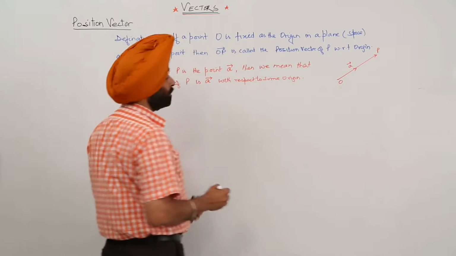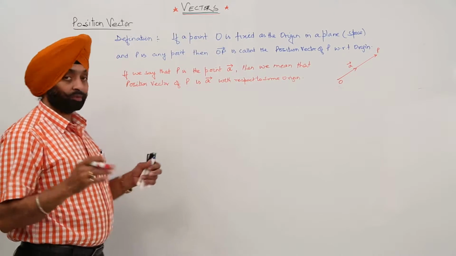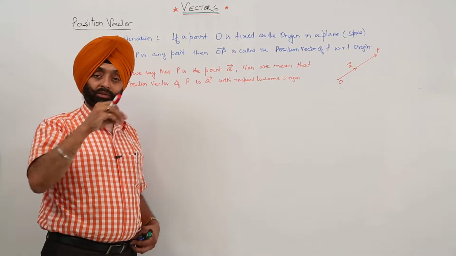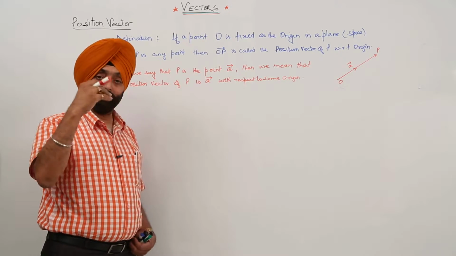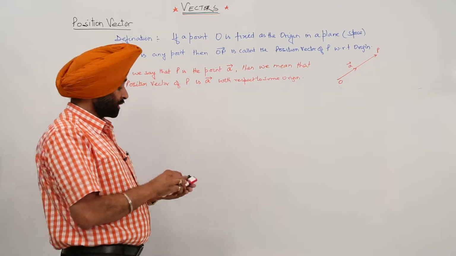Basically, a position vector means its initial point will be the origin. Is it clear?